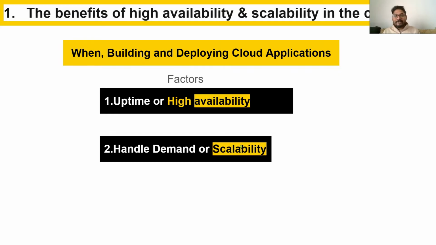Scalability. What is scalability? For example, today there are 1 million users; in general it always remains below 1 million concurrently. But there are peak days in months when all of a sudden the demand goes up to 5 million. I mean, a lot of concurrent users are accessing the website.